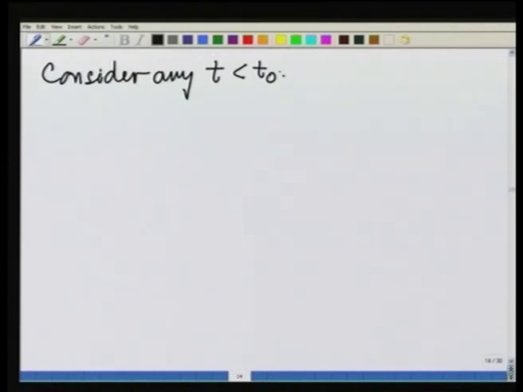If you consider any t less than t naught, let us see what the system can say about it.